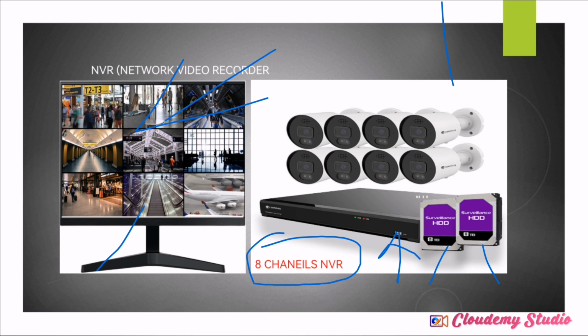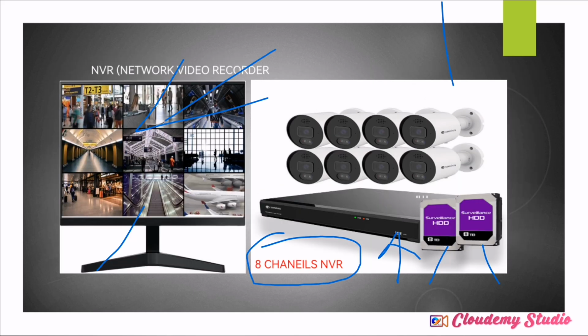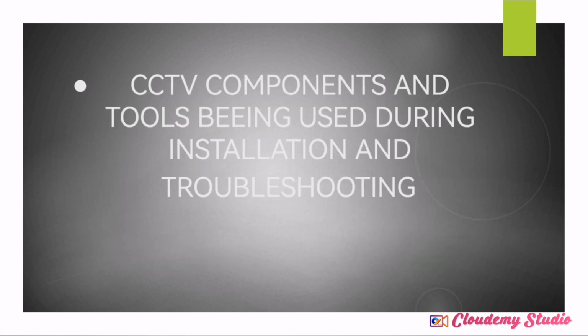But looking at it, it's the same process. What is being done here is the same as what is done with the 8-channel NVR. What differs is the number of cameras, but the function and the quality can be the same, for as long as you're using the same type of cameras. Sure. So let's proceed to the next page.